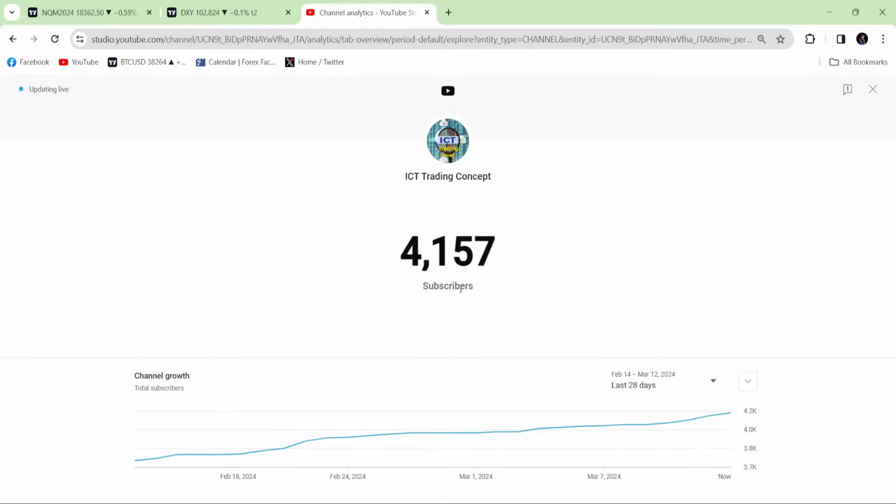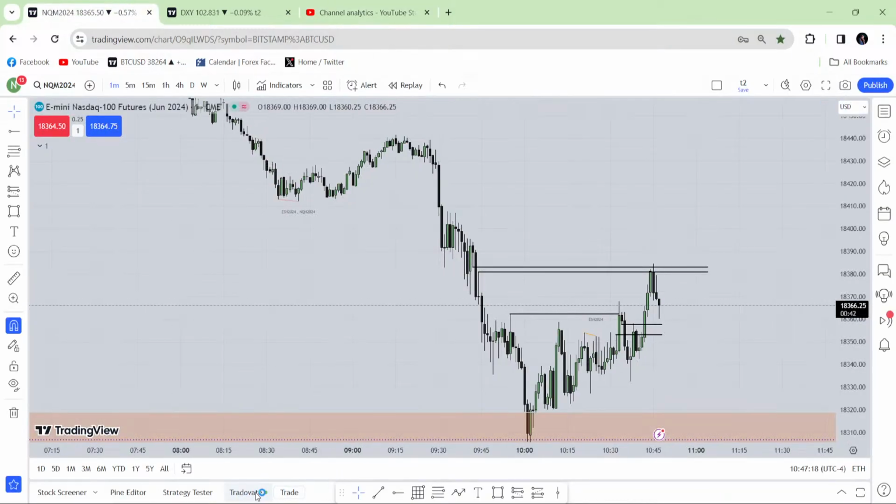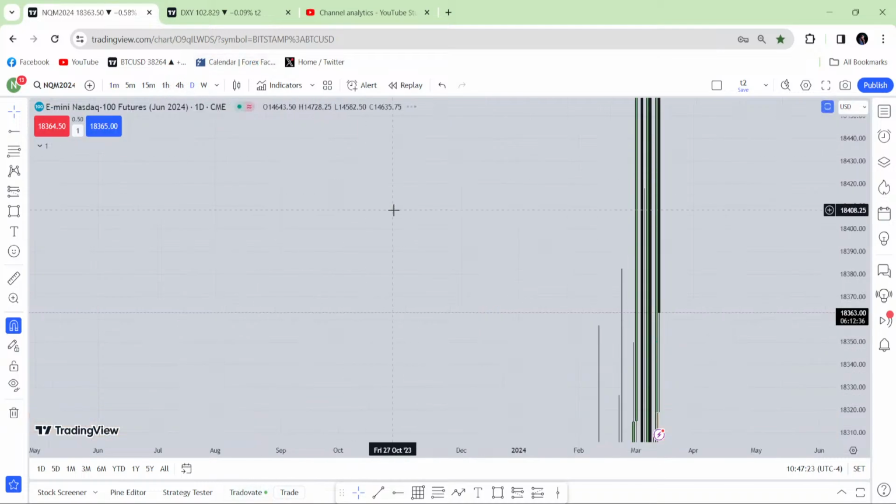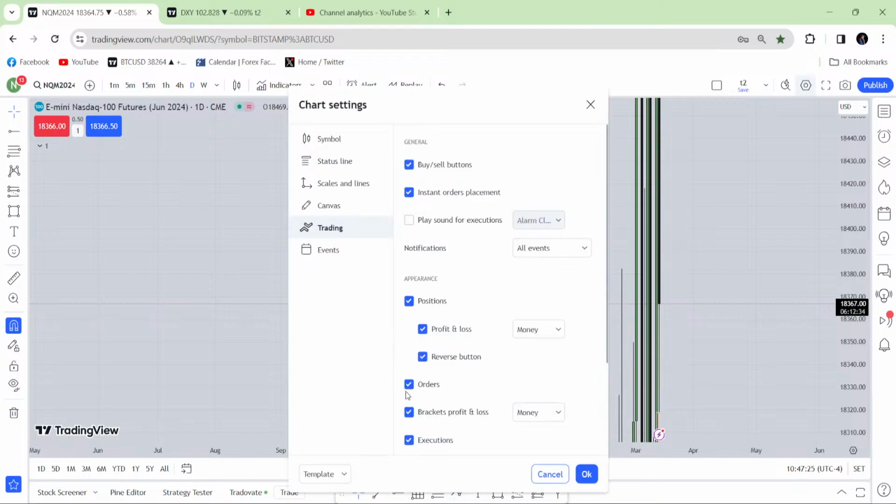Update your profits to Twitter from today's session. I didn't take any entry today, Shahid. Until now I didn't do anything. See, this is my Tradovate account. I'm going to the daily chart and I'm going to check the execution. See, the execution is one over here.